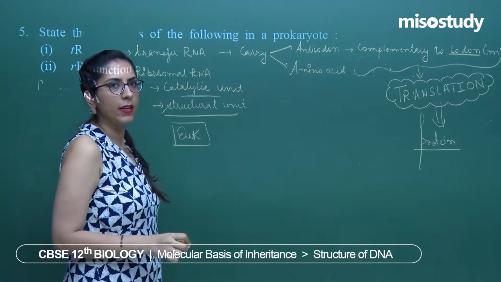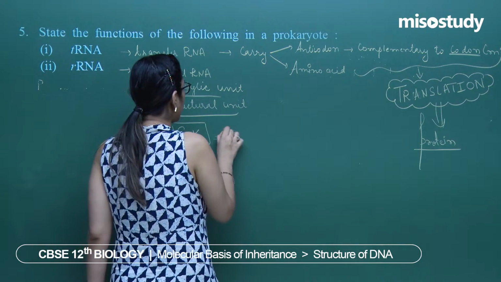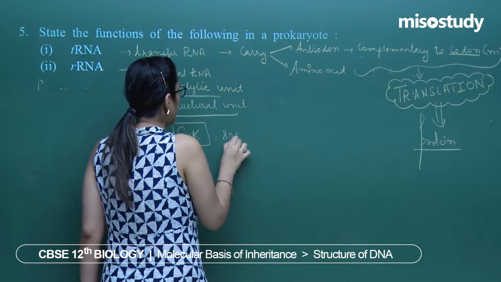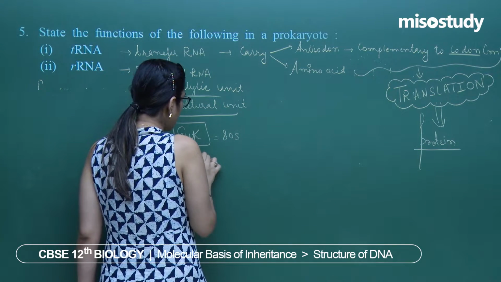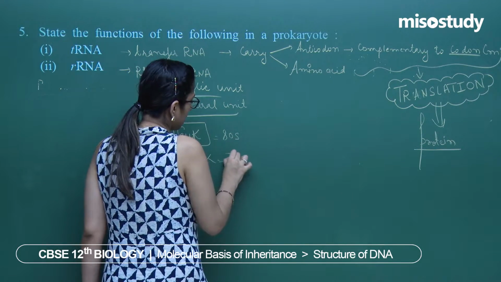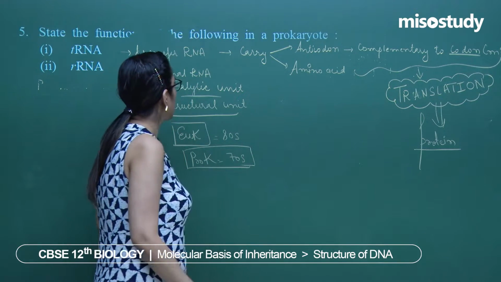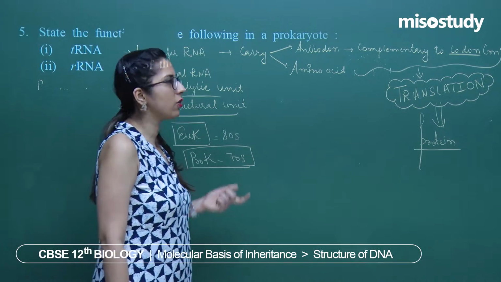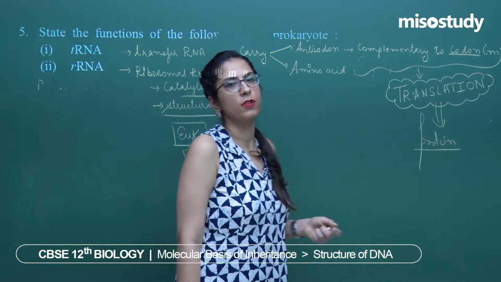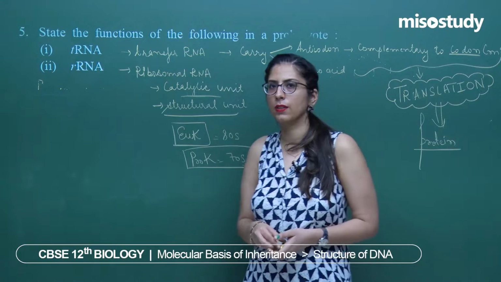In case of eukaryotes, the ribosome present is 80S, and in prokaryotes, the ribosome is 70S. These are the two different ribosomes. So they act as a catalytic and structural unit, which help in the process of translation, right.